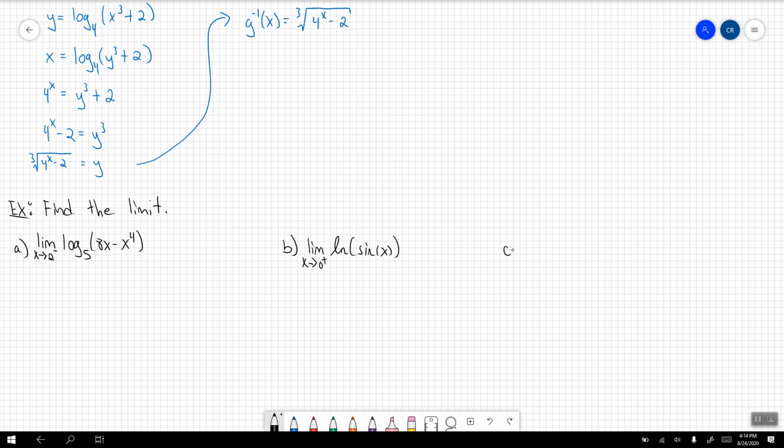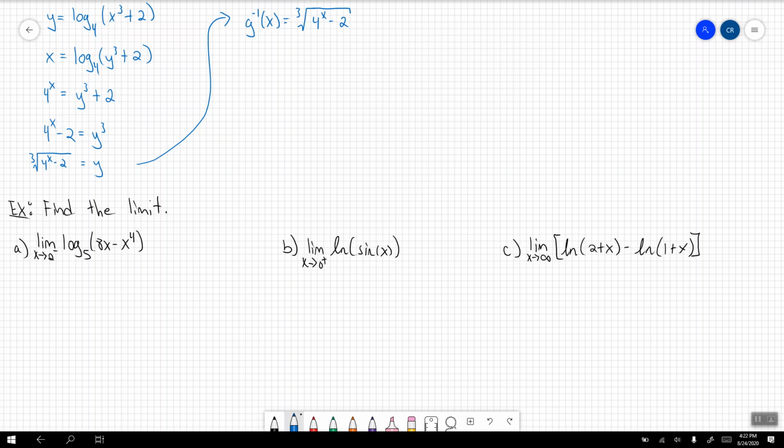And the last one, part C, is going to be the limit as x is approaching infinity for the logarithm with an argument of 2 plus x, then minus another logarithm of 1 plus x. So we got these three examples that we are going to work with. So let's see what's going to happen here.